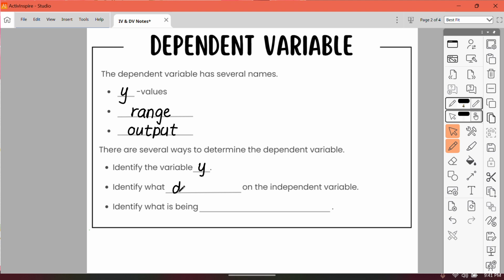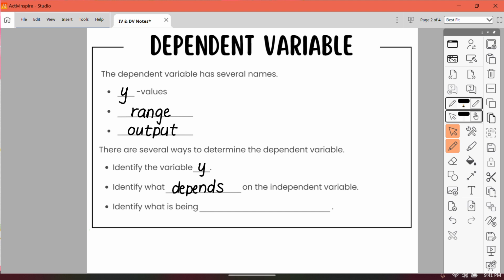It's also what depends on the independent variable, which seems maybe kind of obvious. But let's say we're talking about how many bags of Takis you buy and what the price is. Well, the price depends on how many bags you buy. So the price would be the dependent variable.